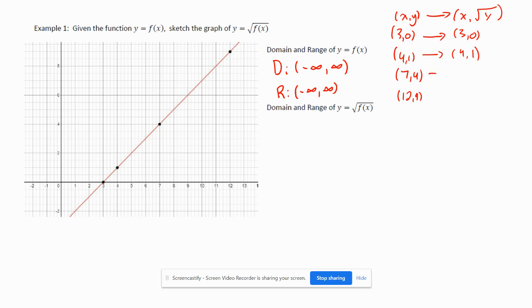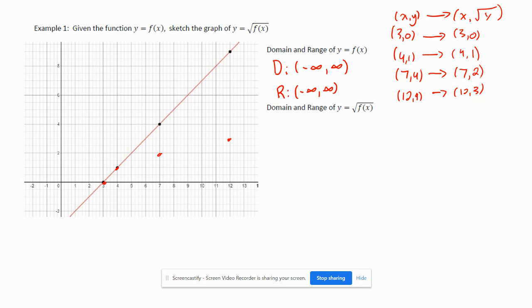For (7, 4), we have (7, 2). (12, 9) becomes (12, 3). So the graph we're getting has the points (3, 0), (4, 1), (7, 2), and (12, 3).